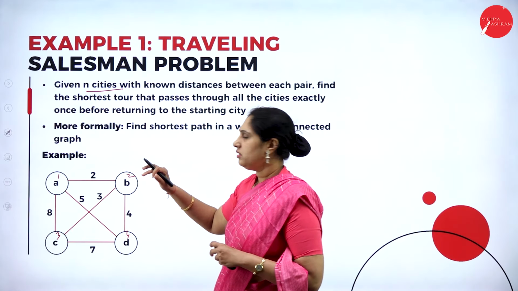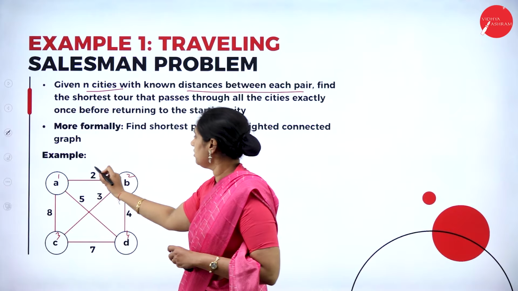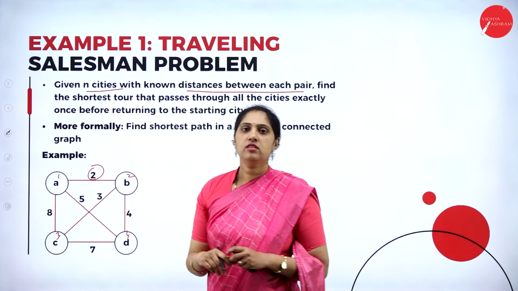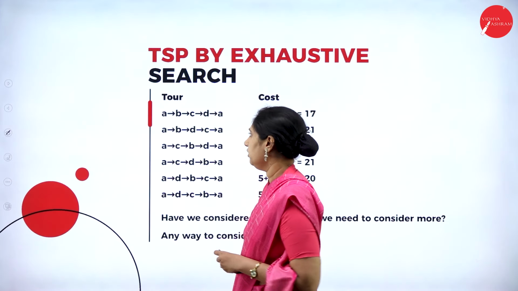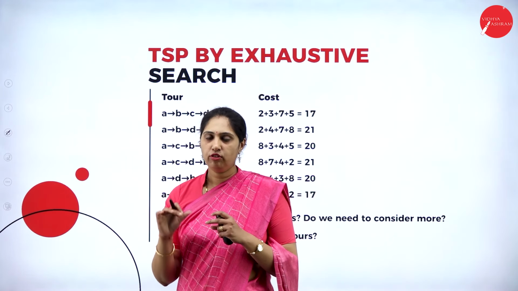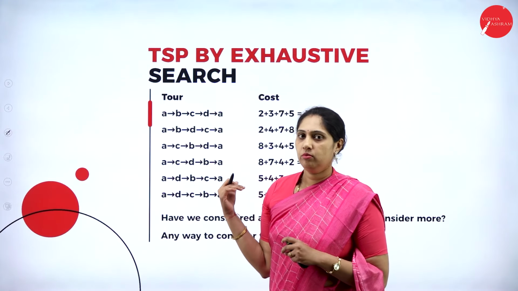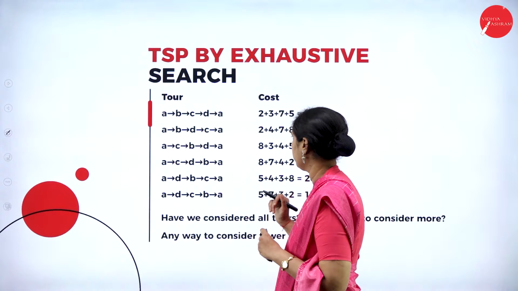We have already discussed it is n cities with known distance between each pair. This is the distance. From A to B, what is the distance? It is 2. So how to find the shortest tour? Now it is exhaustive search. We have to find which is optimal, which is the lowest. That minimum will be your answer.